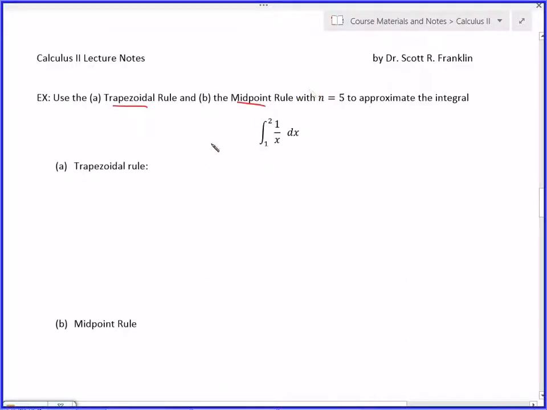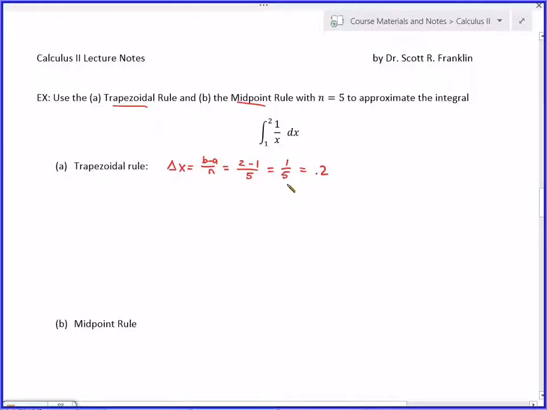Okay? So the trapezoid rule, first thing I do is I find delta x, which is b minus a over n. What's b and a in this problem? Yep, so 2 minus 1 over 5, 1/5, which I'm going to use a decimal. On these quadrature rules, on these approximate integrations, decimal.